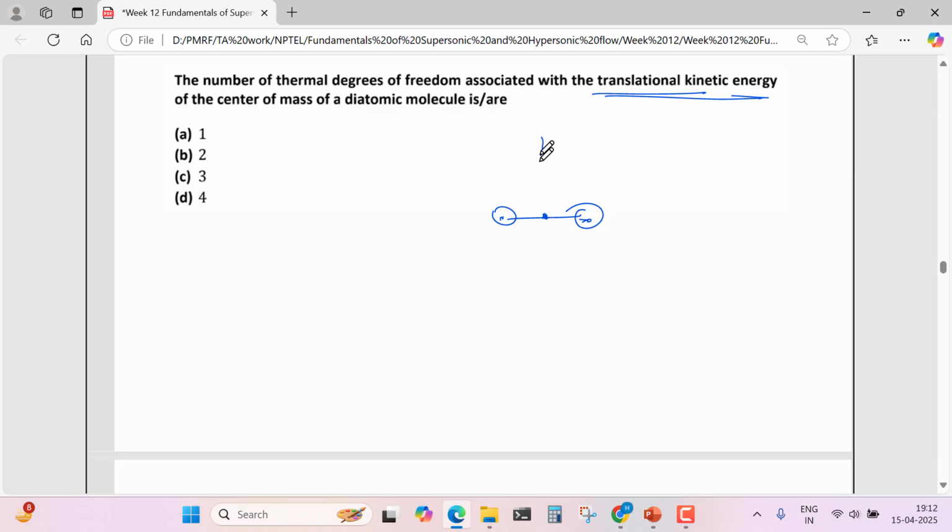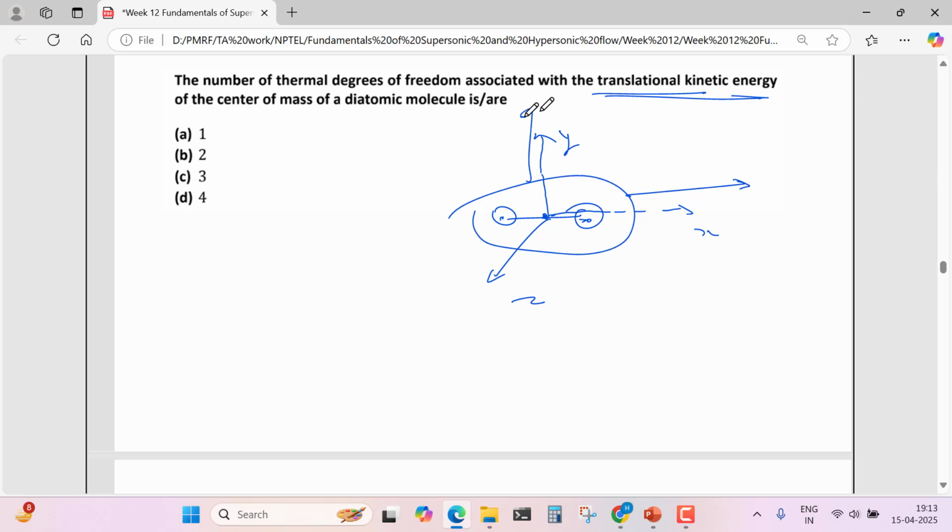Let's say there's a Cartesian coordinate system on the center of mass: x, y, z. Then you can see that this molecule can move in the x direction, y direction, and z direction. So it will have 3 degrees of freedom.